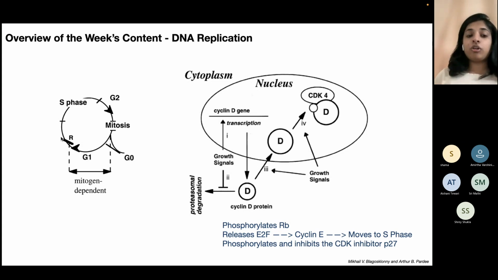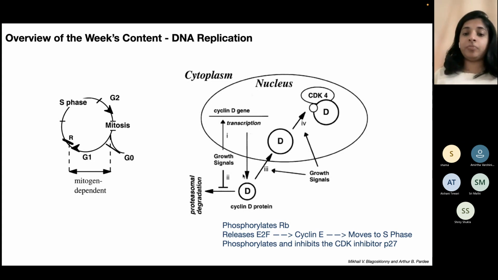Now, once the cell crosses this S point or the R point that has been labeled here, it enters an irreversible phase wherein the cell cycle will progress, and there is no way the cell can come back into its senescent phase. How this happens is, if the appropriate growth signals are present, then these signals will initiate the transcription of the cyclin D gene.